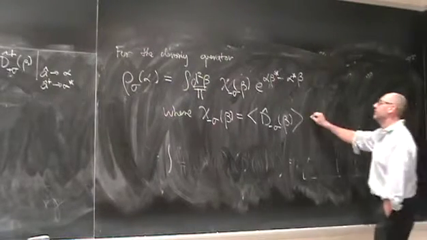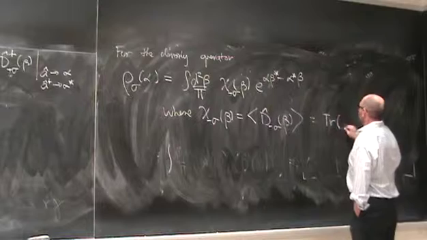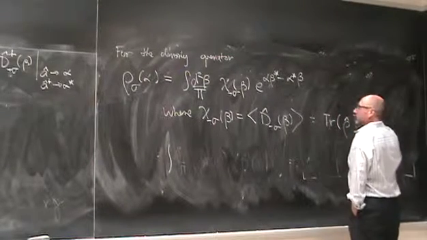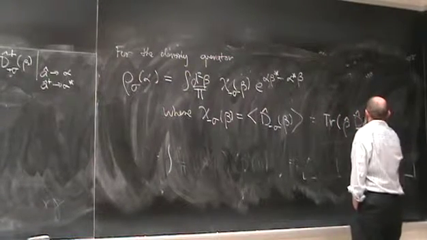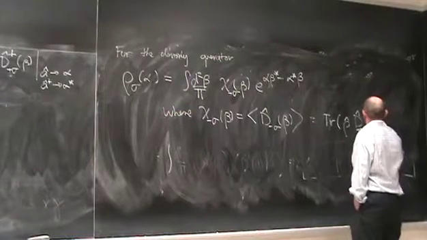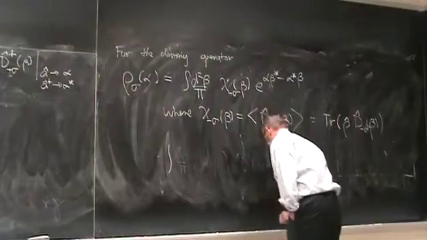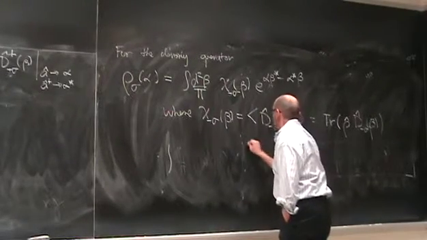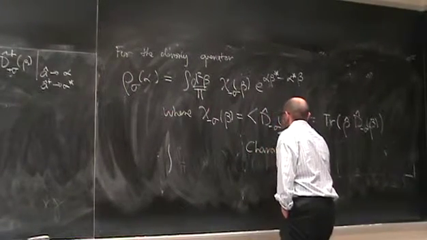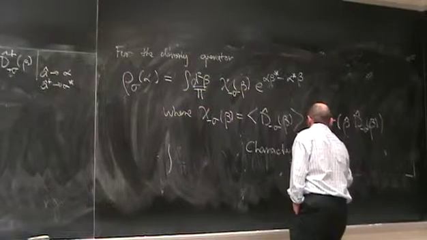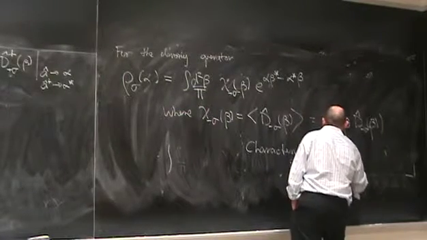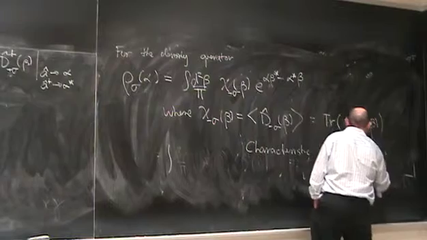That is equal to the trace of rho with the displacement operator of that ordering, beta, which is the characteristic function of the distribution.